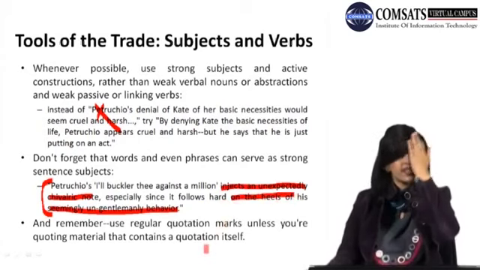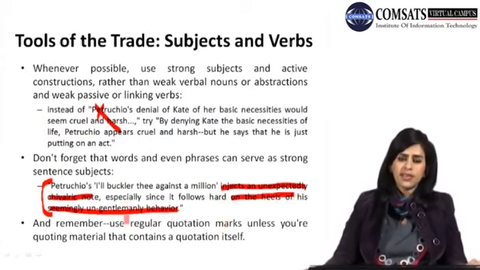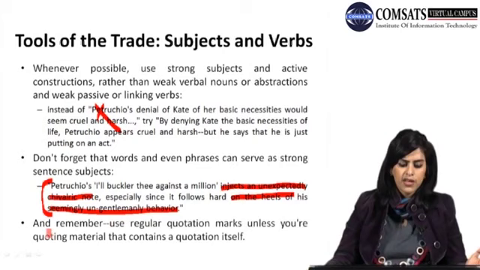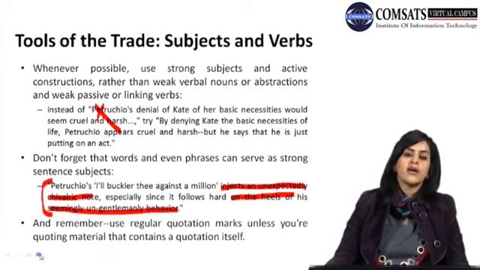These short phrases can stand on their own, they can lengthen your text, and they can serve as strong sentence subjects. And remember, use regular quotation marks unless you are quoting material that contains a quotation itself. So do not forget to mark the quotation marks if you are quoting anything from the text.